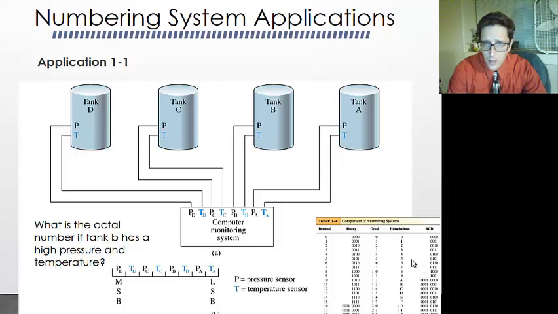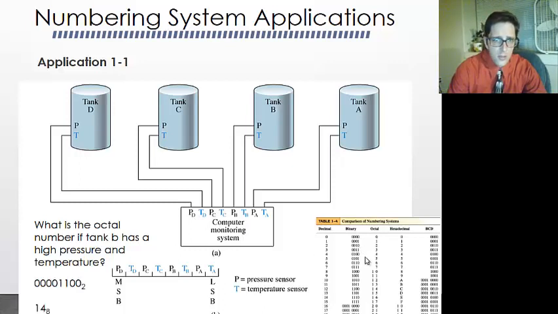We look at our octal, our binary, 0, 0, 1 is a 4 in octal. So we know it's a 4. And then we have a 1, 0, 0, 0, 0, which is a 1. So that's 14 in octal. So that's correct. It's 14 in octal, and that is our binary number.